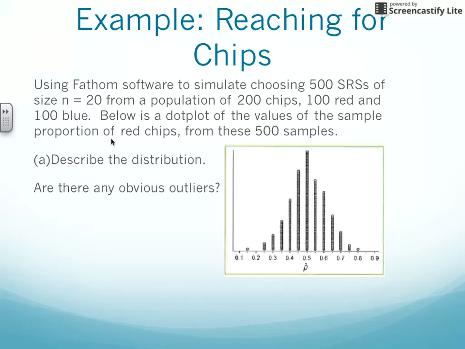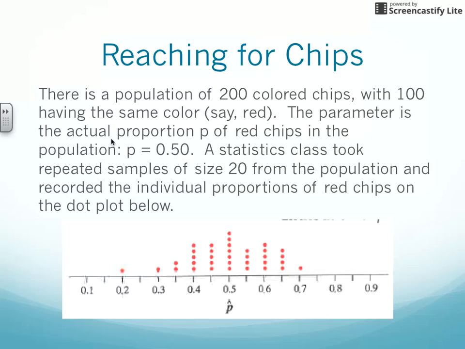So here's your dot plot, but now it's 500 as opposed to 35. If we were to describe this distribution, we see a lot of the same that we saw in just the 35 simple random samples. Okay, so we have a symmetric shape. It's unimodal. The center is around 0.5 again. Okay, the spread, I'm not going to give you an exact number on this one, but we could say that it's mostly between 0.25 and 0.75, which is about the same as the last one.